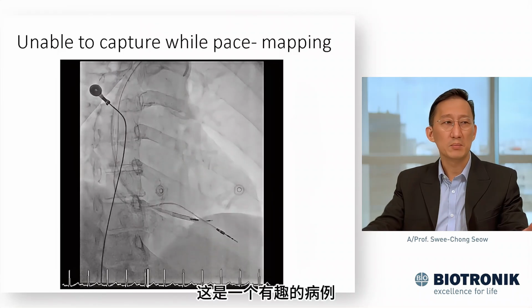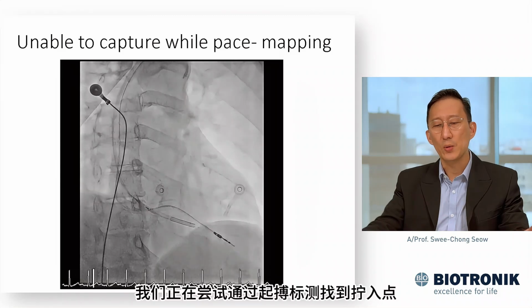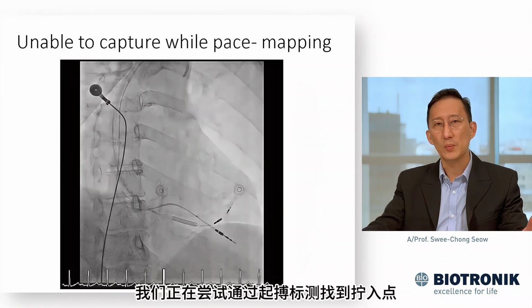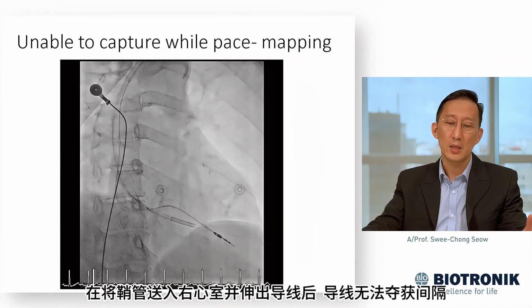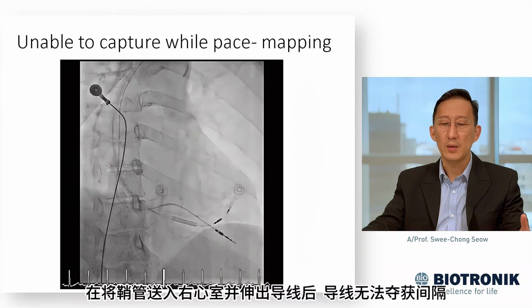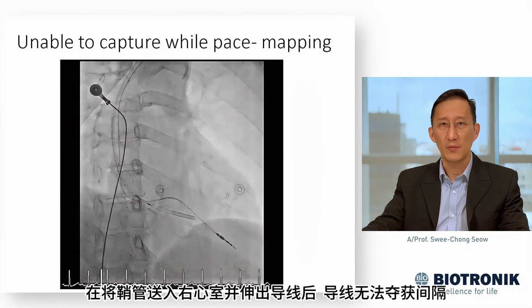This is an interesting kind of case where we're attempting to pace map for a suitable starting point on the septum. And after passing the sheath into the RV and extending the lead, we found that we could not capture the ventricular septum.